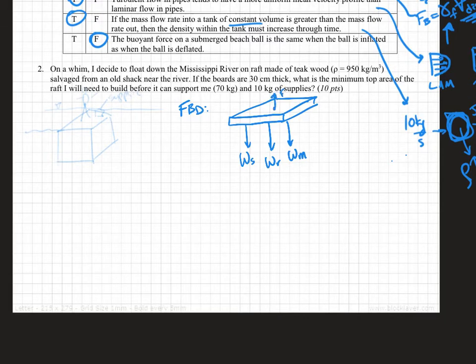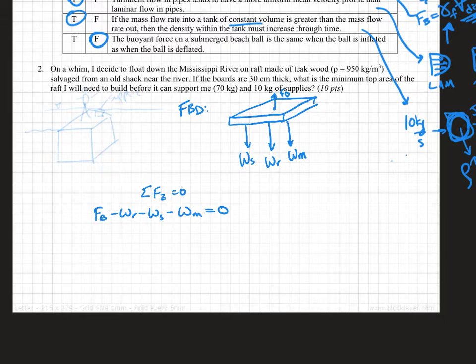So that's the force of the buoyancy. So that's your free body diagram. And if we do the sum of the forces in the z direction equals 0, then that means the force of buoyancy minus the weight of the raft minus the weight of the supplies minus the weight of me equals 0. I think just getting that concept was worth a point.